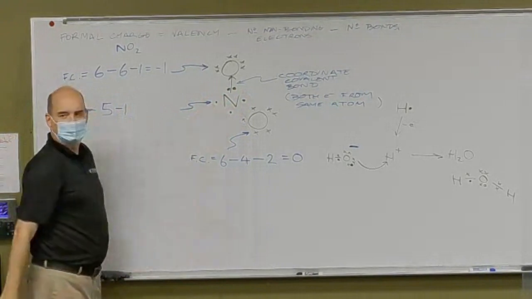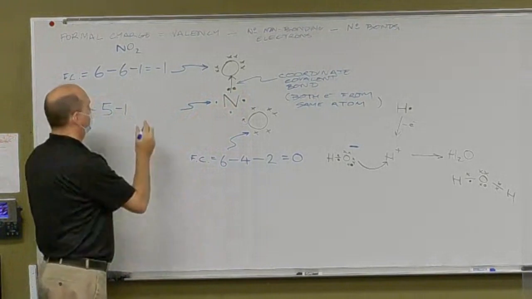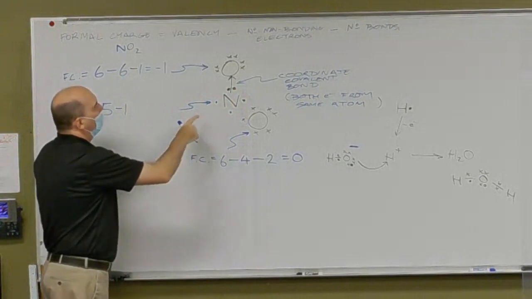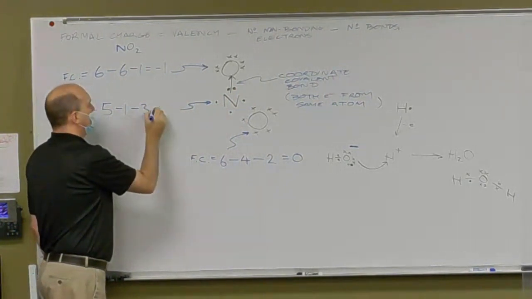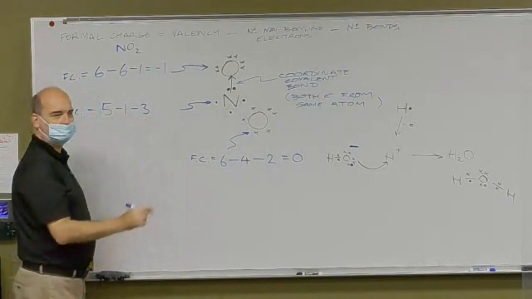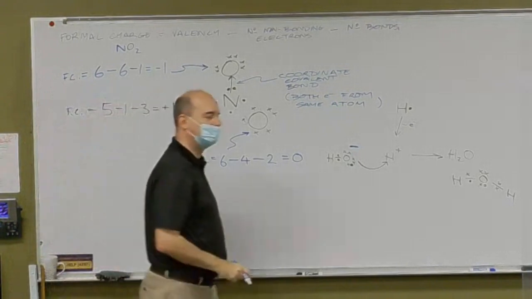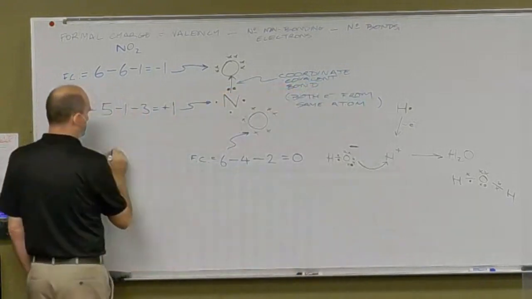This one, it's an unpaired electron, that's a radical. Radicals are generally bad things. And then, how many bonds do I have? 3. So 5 minus 1 minus 3 equals +1.